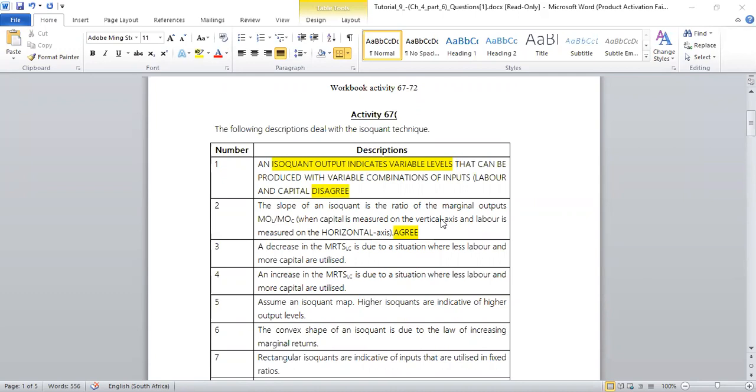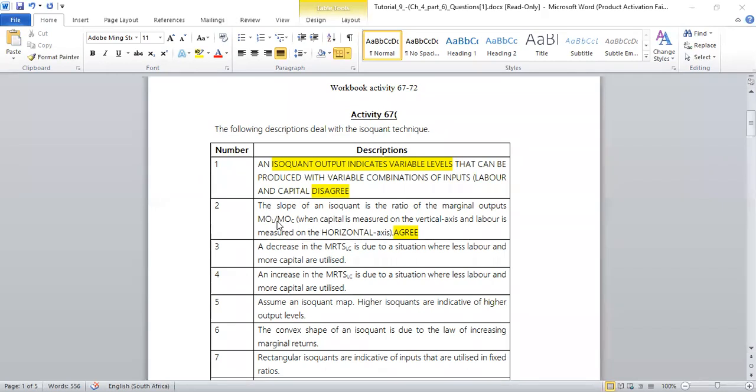The same approach applies to the law of diminishing marginal output.